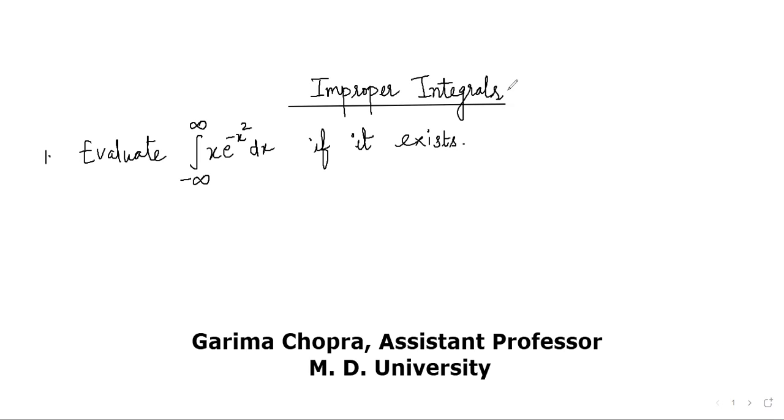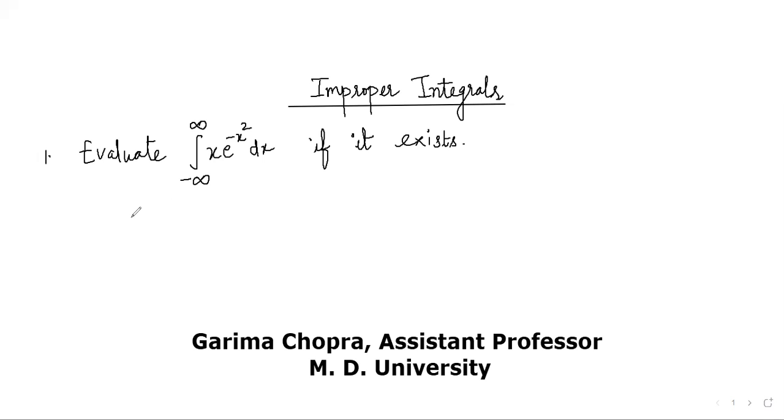Here both the limits are infinite, minus infinity and infinity. So what we'll be doing here is splitting this integral into two integrals with the help of some real number, because we have discussed all these things in our previous video also.